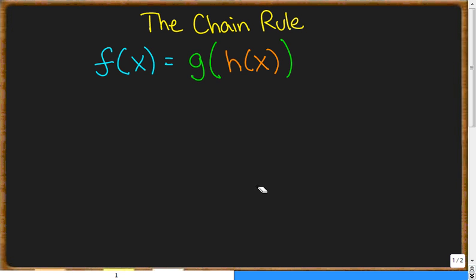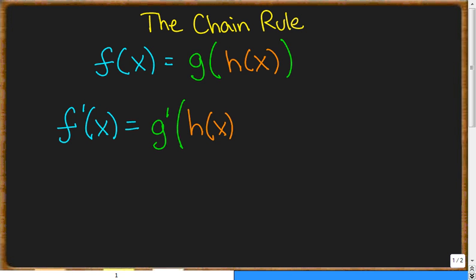But the chain rule is a very important concept to understand. It says that the derivative of this function is going to be the derivative of our outer function, but we still keep our inner function intact.